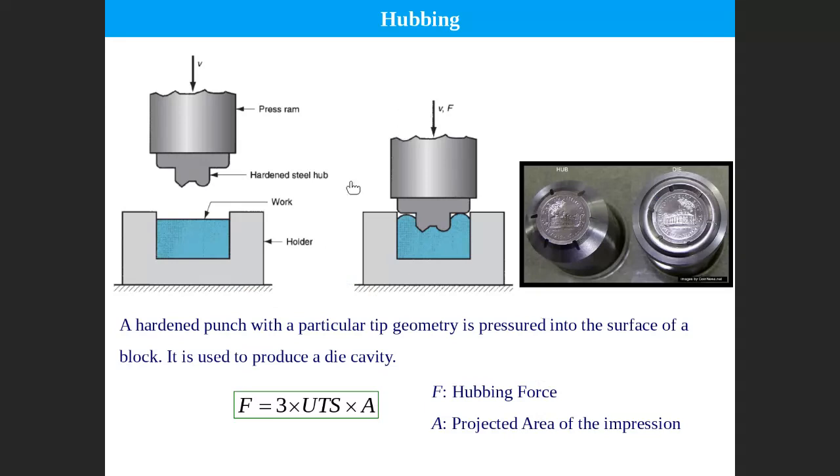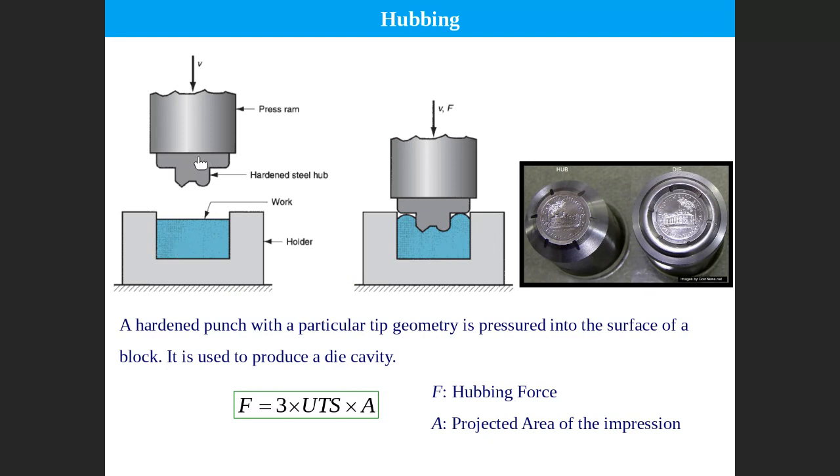Next is hobbing. The word hobbing is used for creating the dies, manufacturing the die that is used in coining, for example, or other processes. This die is a hard material.